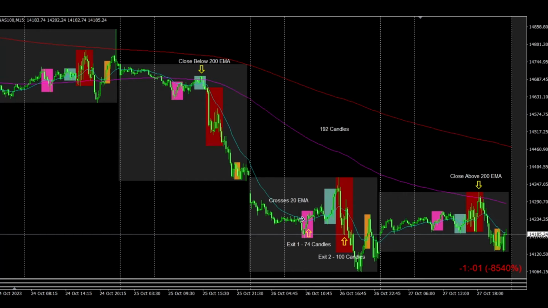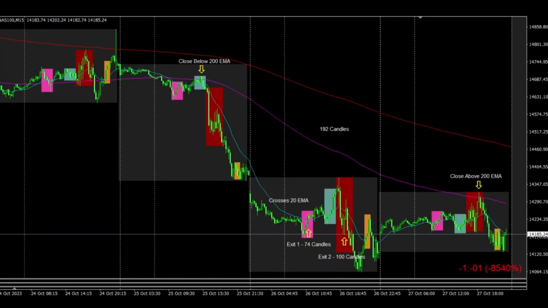However, if you were using the number of candles as a gauge for your exit, halfway through is 100 candles. That would be this candle, and you could have exited here, which is basically around the same price.